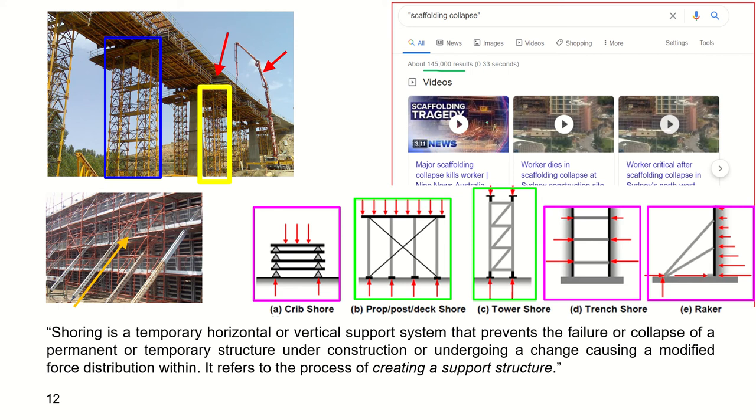So what does it mean? It means we have been talking about construction risk management for years and years, but we still have all these kinds of collapses in different construction sites. So what is the problem?